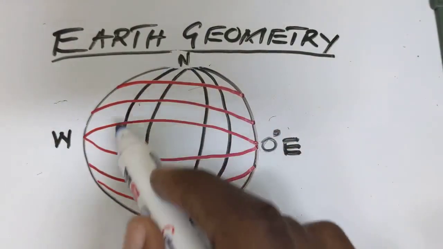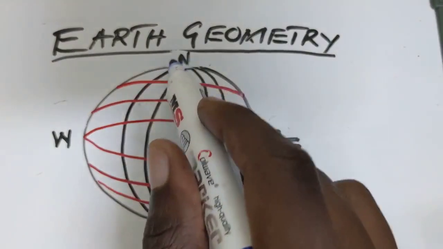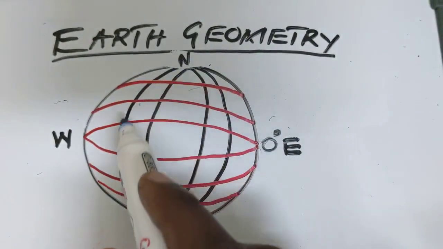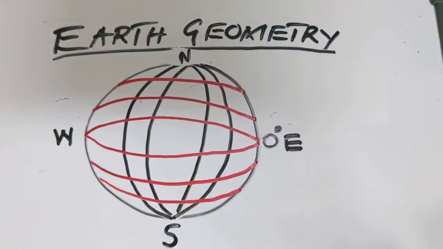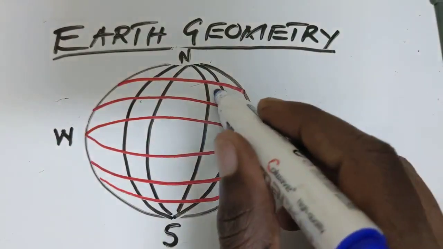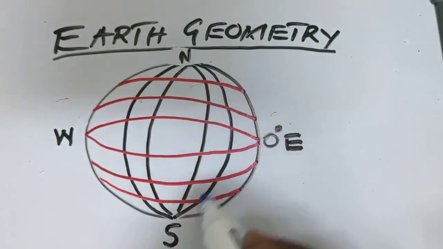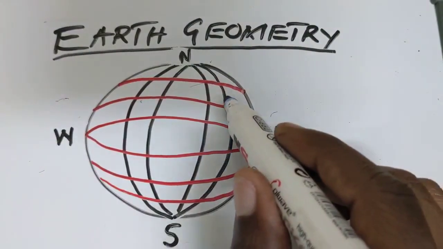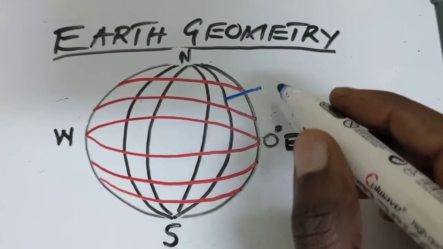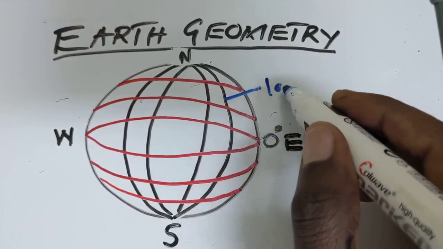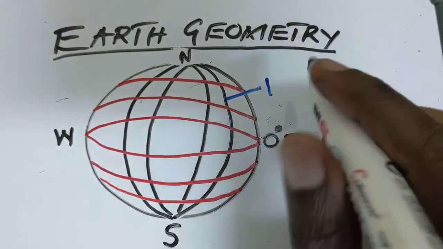They are going down, coming from the north, or should I say from the south, north to south or south to north. These ones we call longitudes.